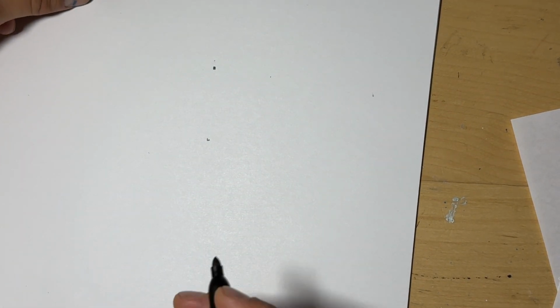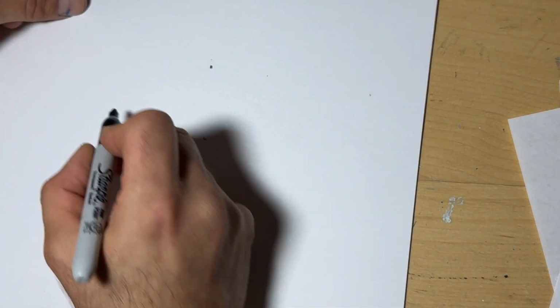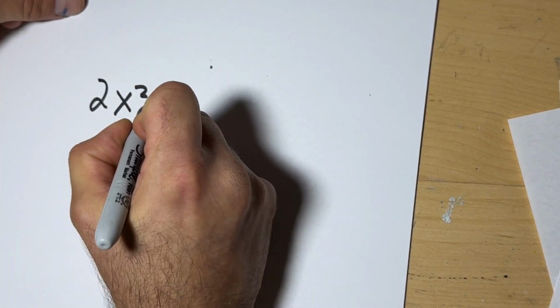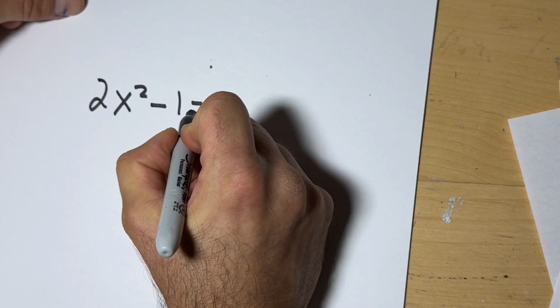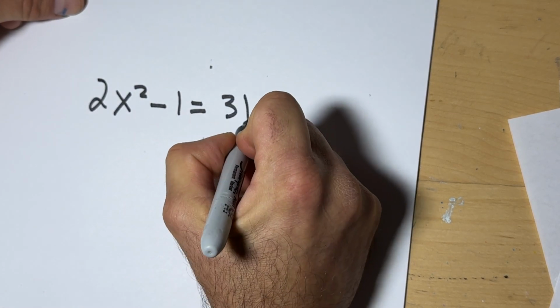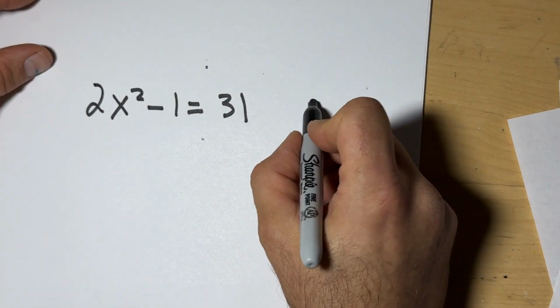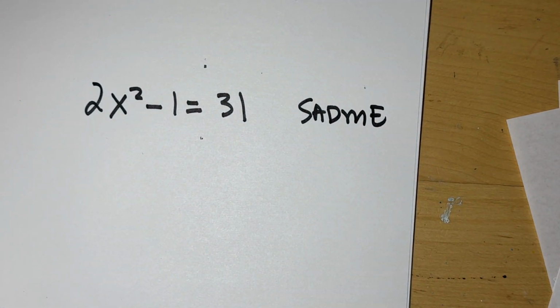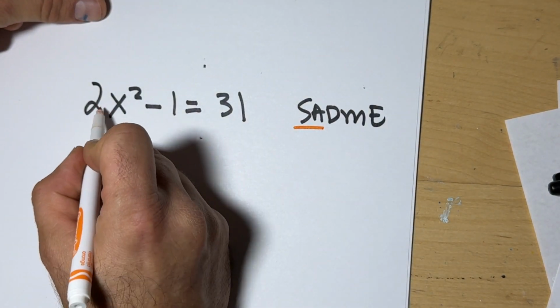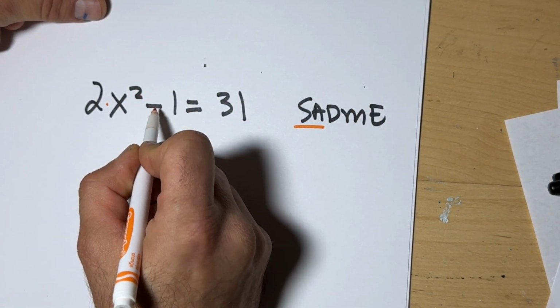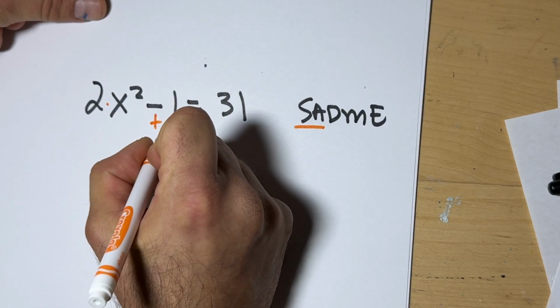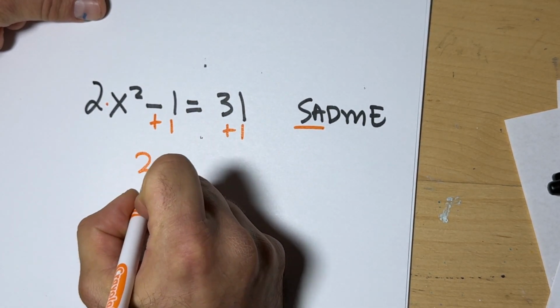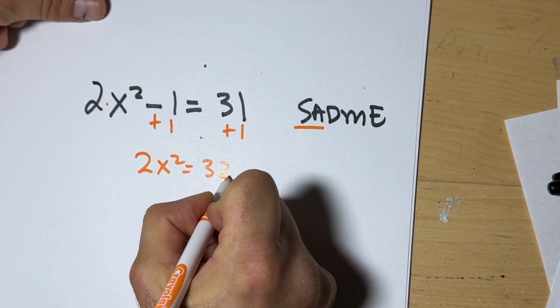So this is my SADME method. This works with other things, even in Algebra 2, when you're dealing with something like this. So we have an exponent now, SADME. So what do I do first? Well, I deal with the adding and subtracting. 2 times x squared minus 1. So let's get rid of this by adding 1. 2x squared equals 32.